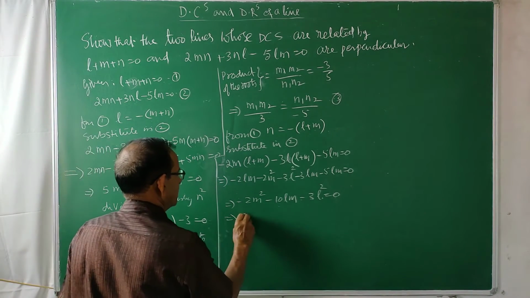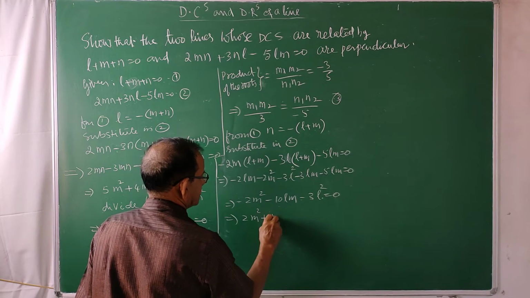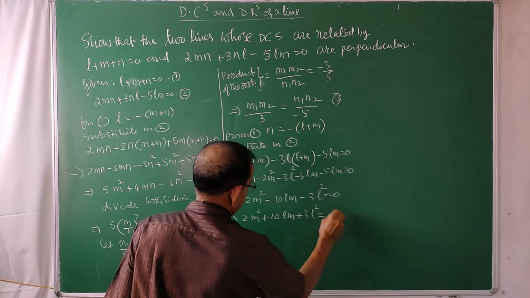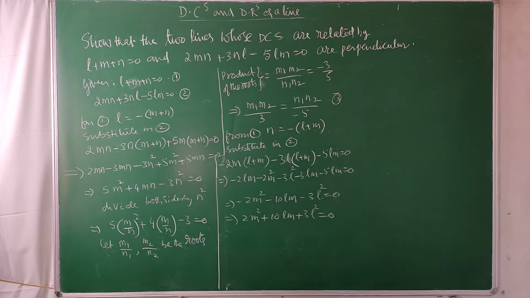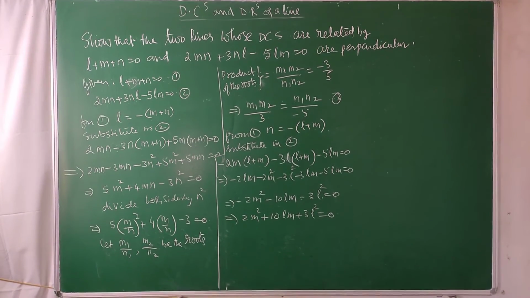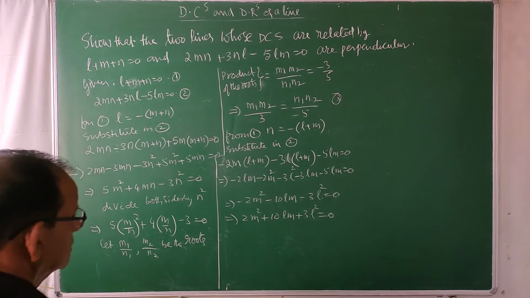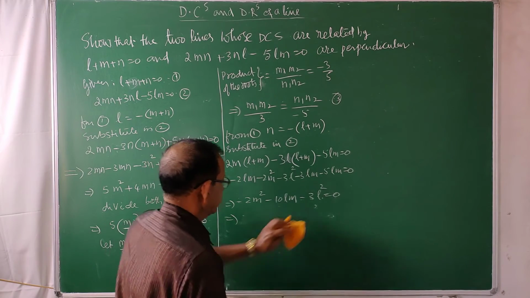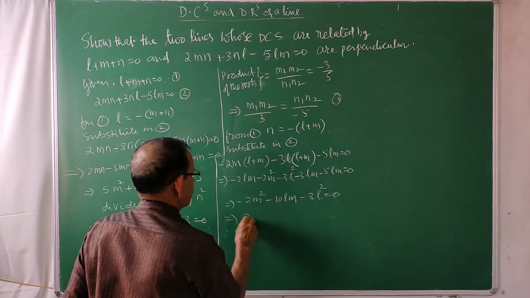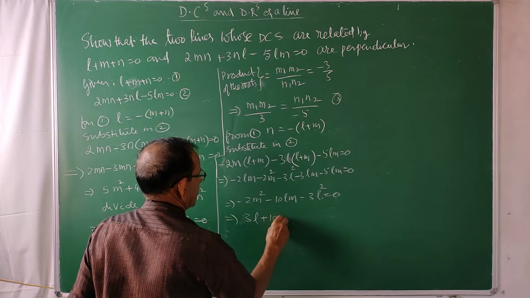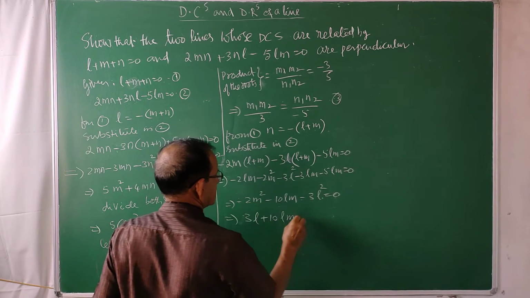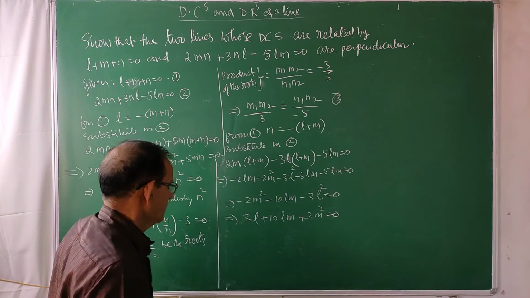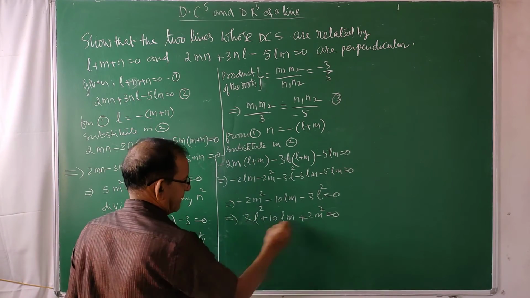That implies 2m square plus 10lm plus 3l square equal to 0. Let us write the L square term first: 3L square plus 10Lm plus 2M square is equal to 0. Now, divide both sides by M square.